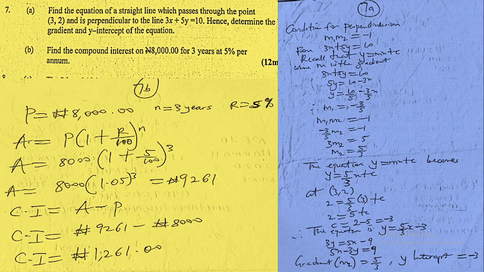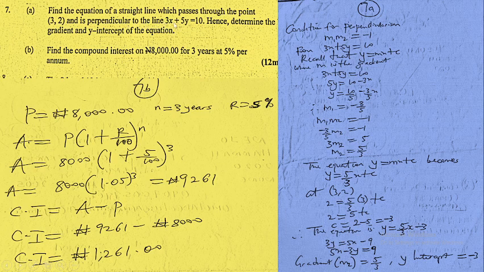The question here is from perpendicularism, and we should know the condition that two straight lines must satisfy to be perpendicular. The condition is that the gradient of the first one multiplied by the gradient of the second one must give us -1. So the product of the gradients of the two straight lines must give us -1.